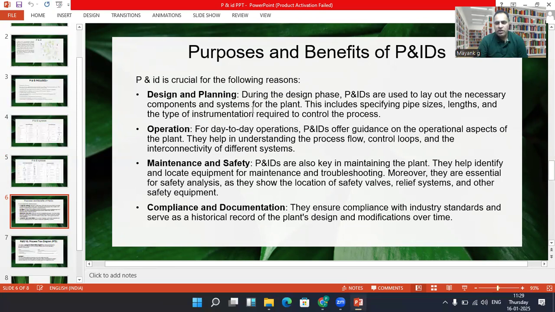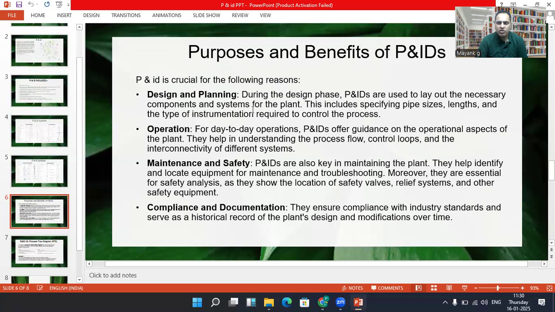Once you are designing any process plant, PNID gives a clear visualization of all the components and systems that will be used. This includes the pipe sizes, length, and what type of instrumentation is required to control the process.